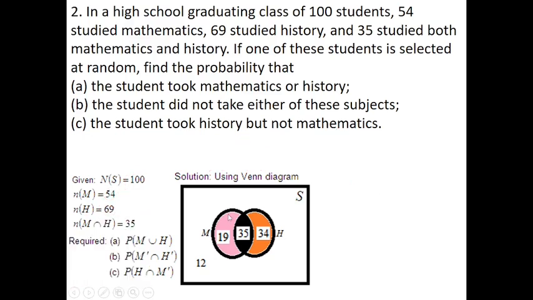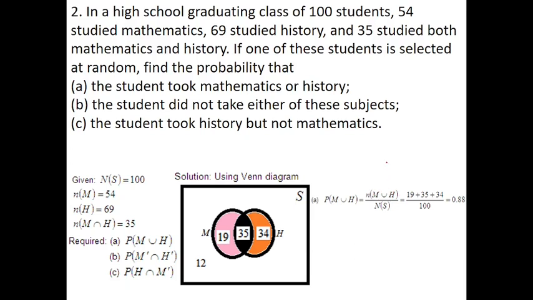So, letter A, ito yung solution. Probability that the student is taking math or history. So the probability that the student took mathematics or history, by classical probability rule.